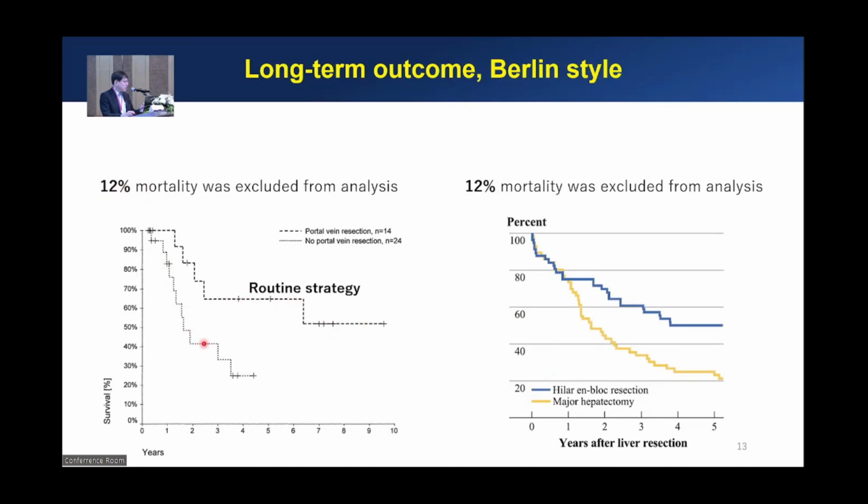Routine strategy, and this is a conventional strategy. Routine resection cases have a better survival compared to the strict portal vein resection approach. And this difference keeps 10 years after, but the mortality is also present, about 12%.